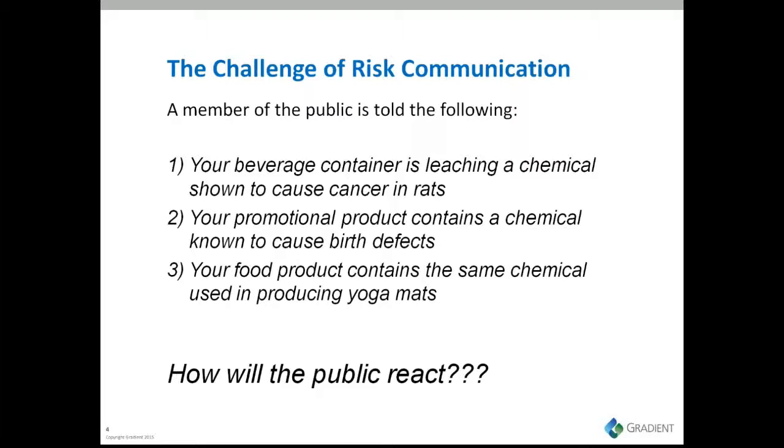So if a member of the public was told that a beverage container they would be using is leaching a chemical that is shown to cause cancer in rats, or if they're told that a promotional product contains a chemical that's known to cause birth defects, or straight from the headlines, if they're told that a food product they're consuming contains the same chemical used in producing yoga mats, how do you think the public is going to react, right? Since this is a webinar and I can't actually poll the audience, I can pretty much tell you that the typical reaction of the public is something like this, right?